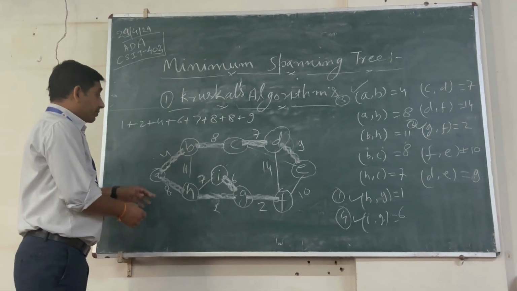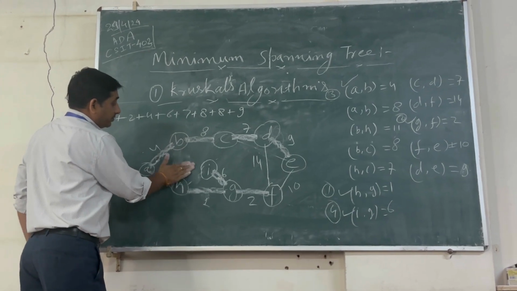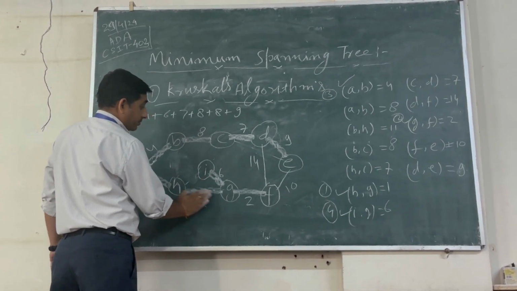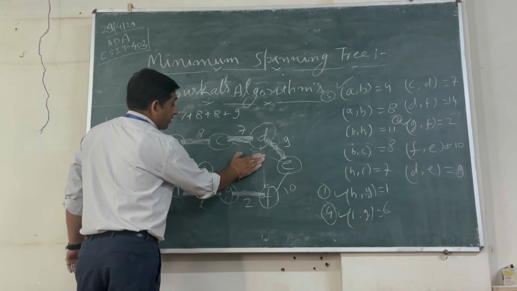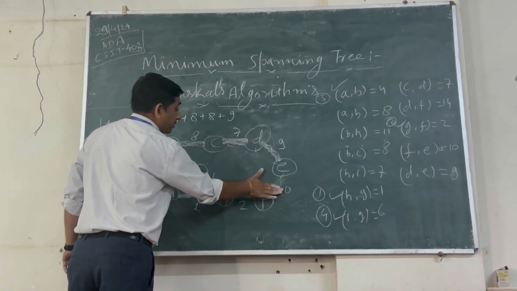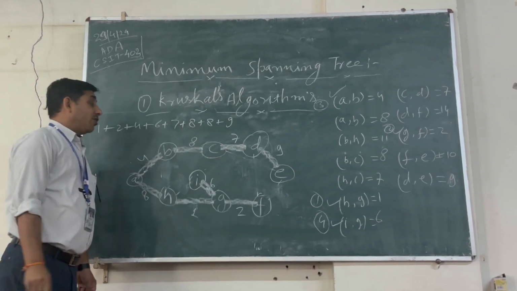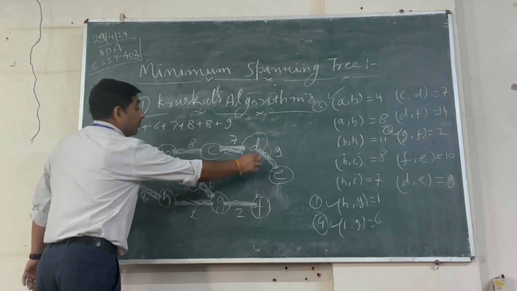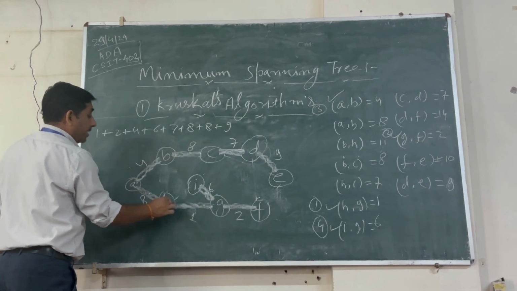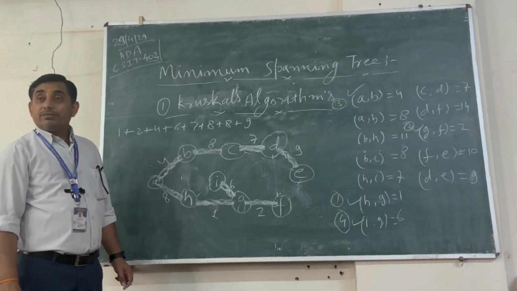Okay. And how many edges are required here? How many edges are here? 1, 2, 3, 4, 5, 6, 7, 8. 8 edges.